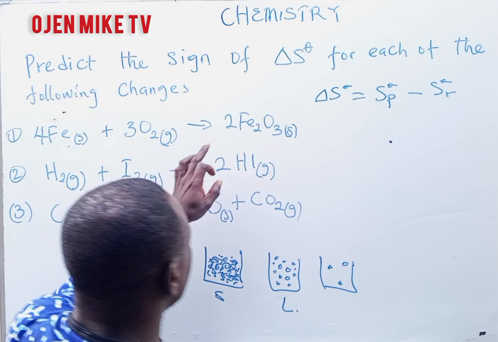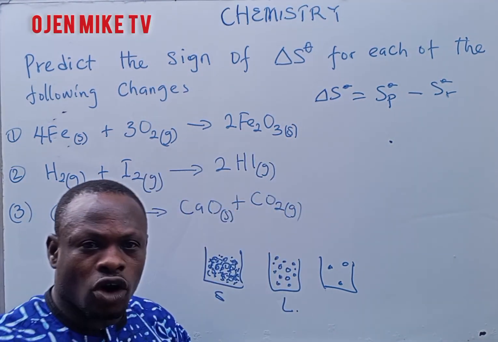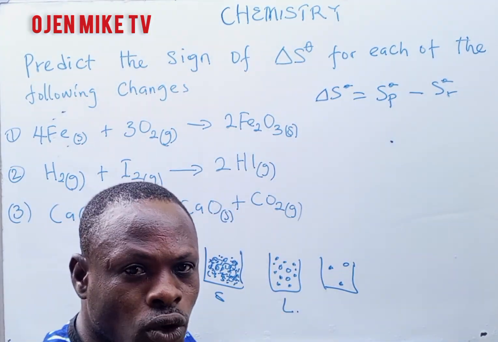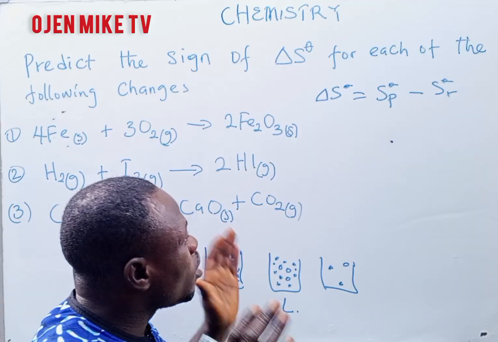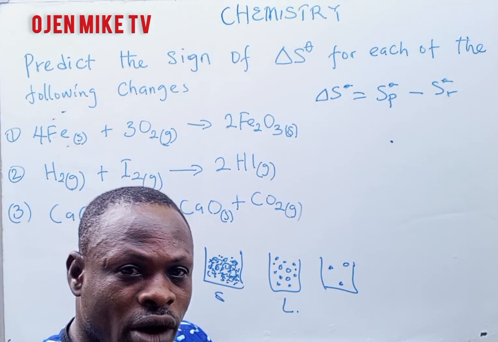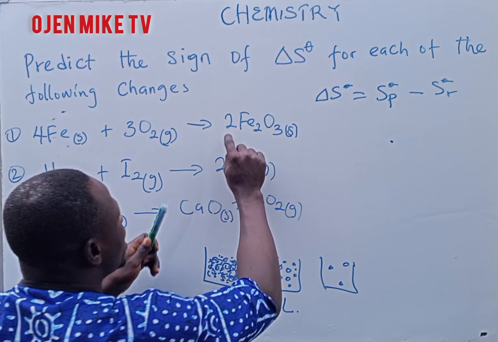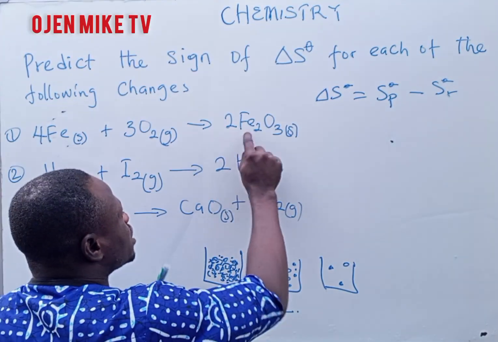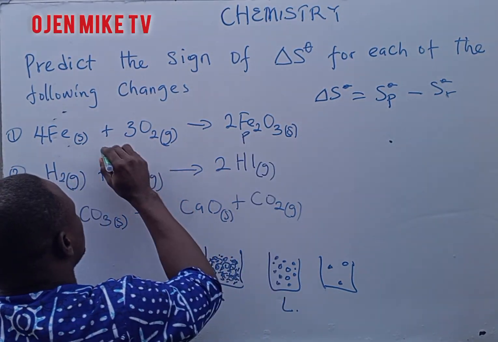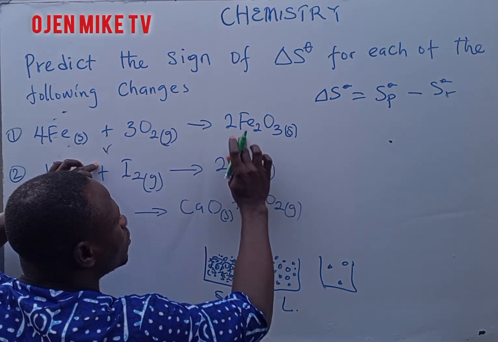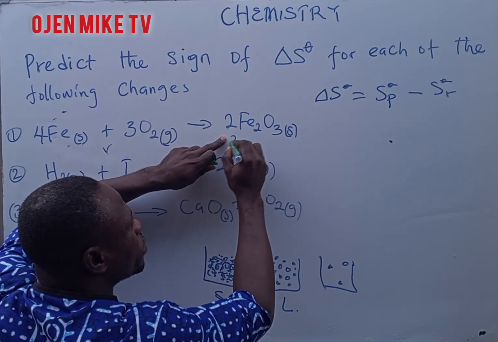What you are after is to calculate the number of moles of products minus the number of moles of reactants. In the first equation, the product has 2 moles.